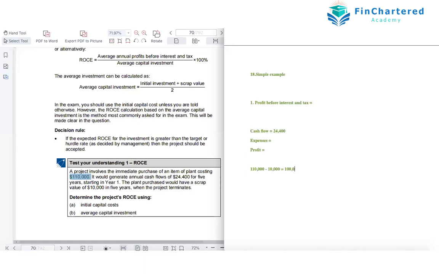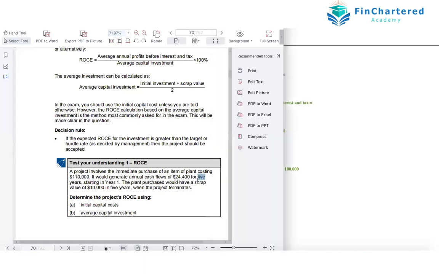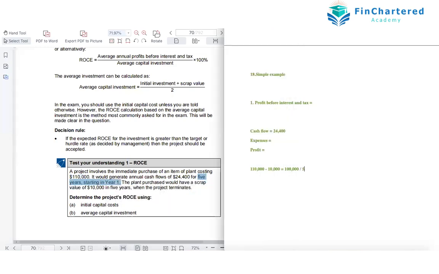So how much amount is depreciated? The remaining 100,000. This was depreciated over 5 years, as mentioned in the question. So 100,000 over 5 years means the yearly depreciation is 20,000. This is a yearly expense.